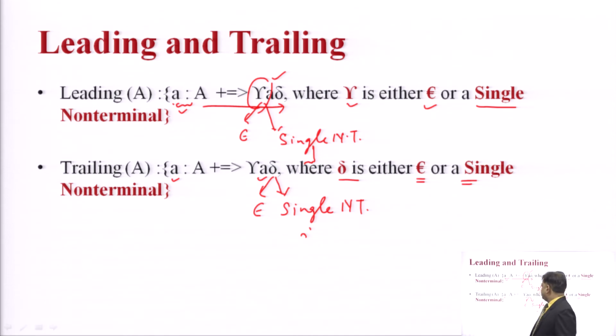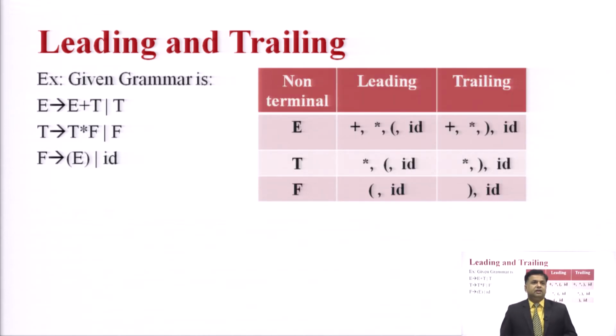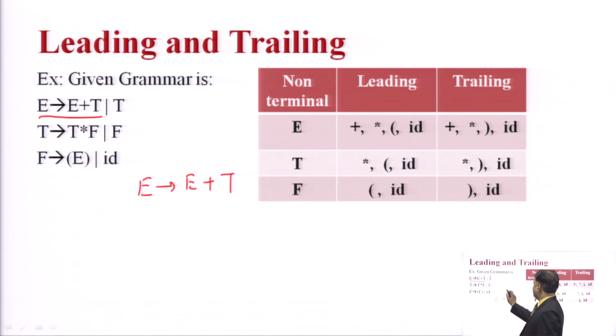Let's have an example. This is my grammar: E derives E plus T or T, T derives T star F or F, F derives parenthesis of E or id. Now I want to derive the leading of E. I will take the production E derives E plus T and compare it with gamma a delta.